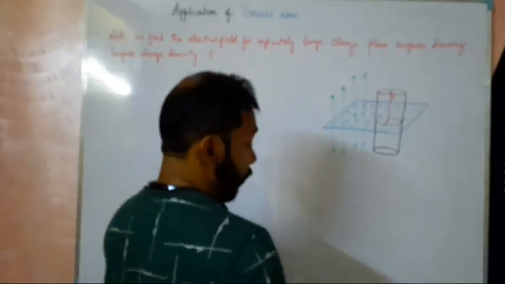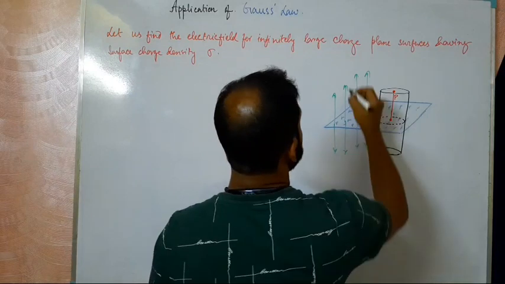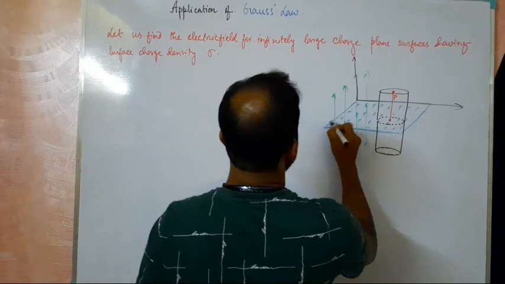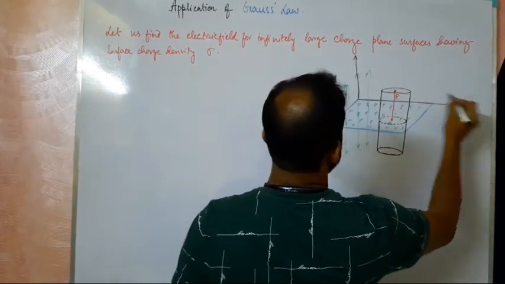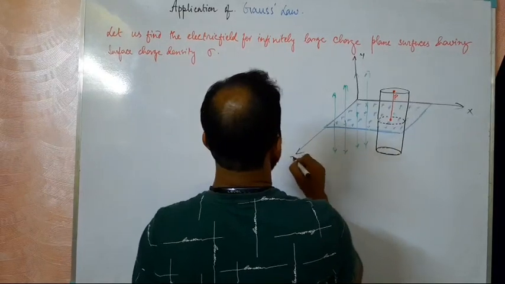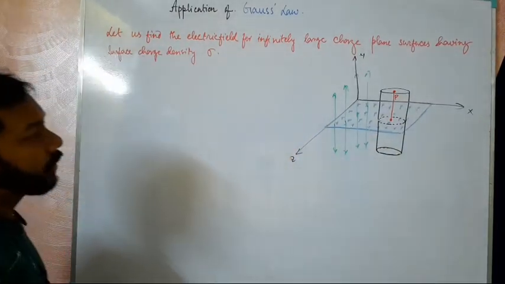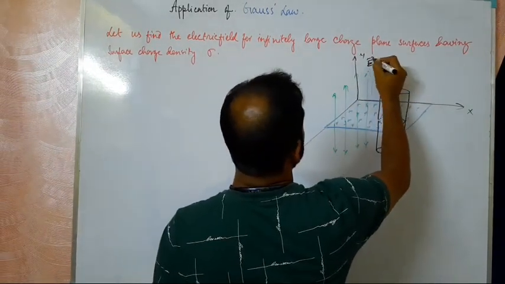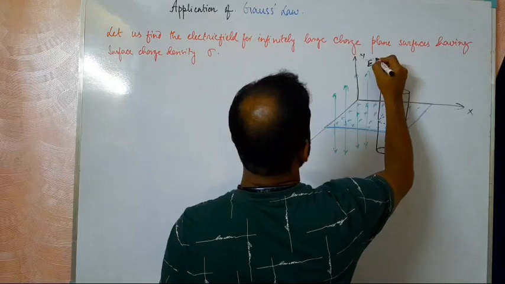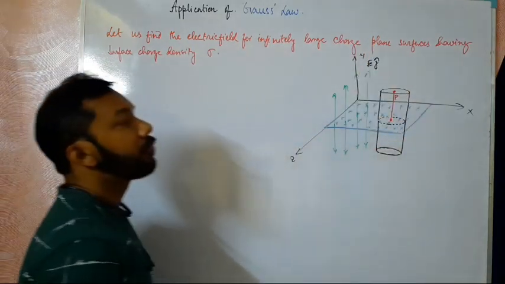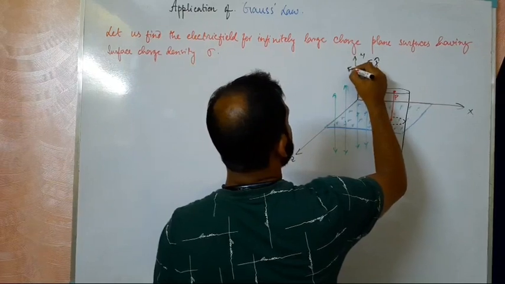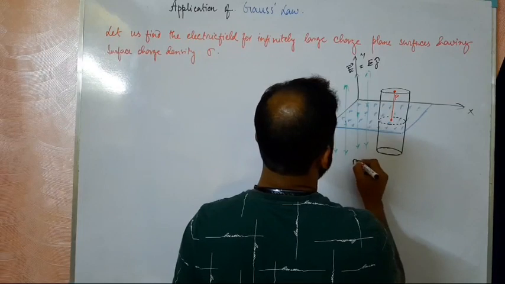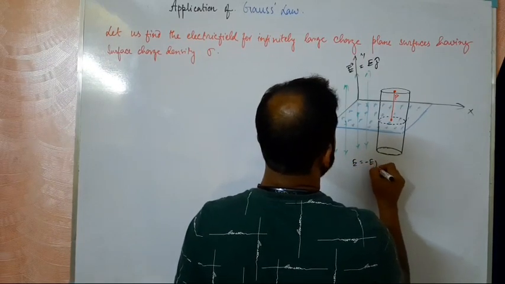If we place a coordinate system, say this is the z-axis, this is the x-axis, and this is the y-axis, then the electric field is always in the y-axis direction. It can be the positive y-axis direction or the negative y-axis direction.